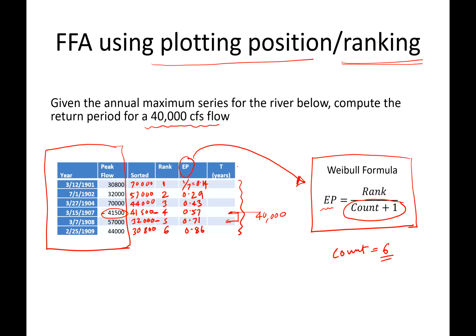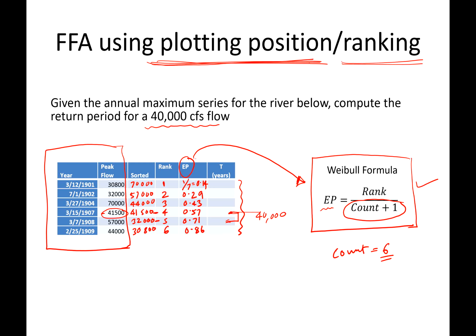I'm going to show you this in more detail in the assignment that we are going to do corresponding to the return period. The idea of this slide was to just show you the technique on how to do flood frequency analysis by using this ranking or Weibull formula. And this formula is called plotting position in flood frequency analysis.